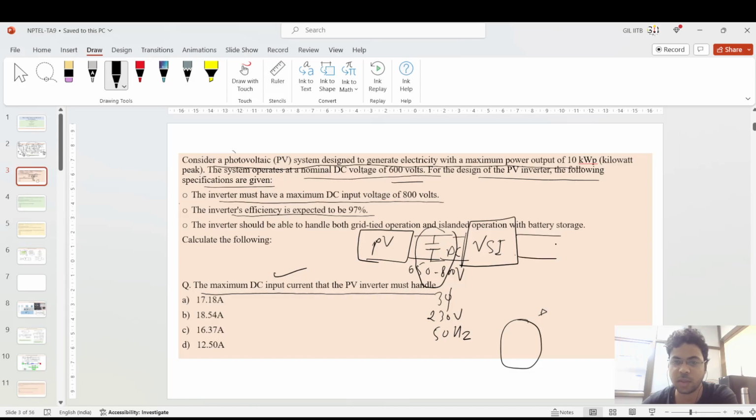After that, you have a voltage source inverter which converts this DC power to AC, and in between you have certain filters, suppose an L filter, LC filter or LCL filter.